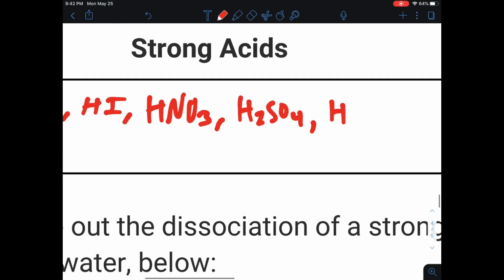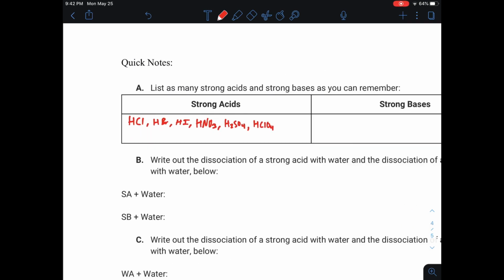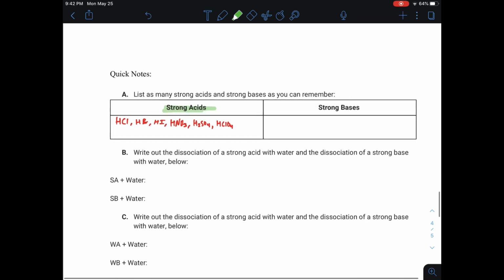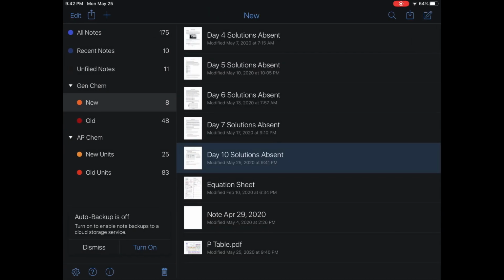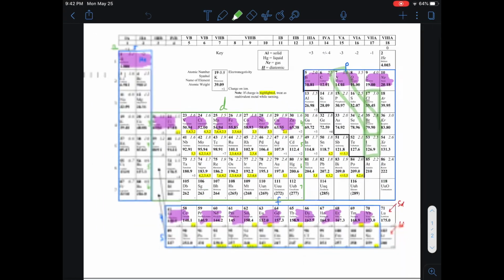There's perchloric acid, that comes from another one that has chlorine in it, except this time the anion is chlorate. These 6 acids are what we call strong acids, and we will talk about what strong acid means in just a second. As far as strong bases go, for your list of strong bases, just think about your alkali metals.